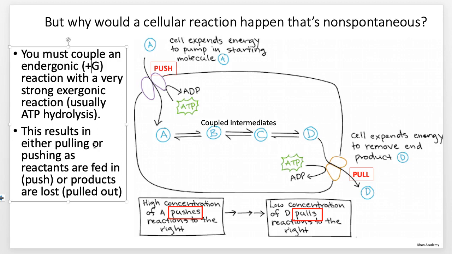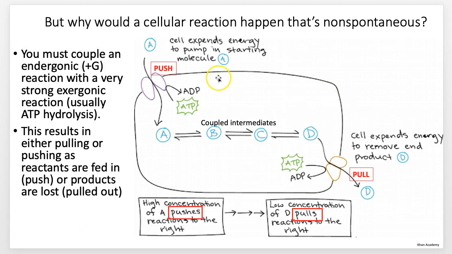You can zoom in on one specific reaction and see that it has a positive delta G. It is endergonic. However, overall, the entire process has a negative delta G because we can push and pull it using ATP, which has a very powerful exergonic or negative delta G. And we can cause that entire process to happen, okay?